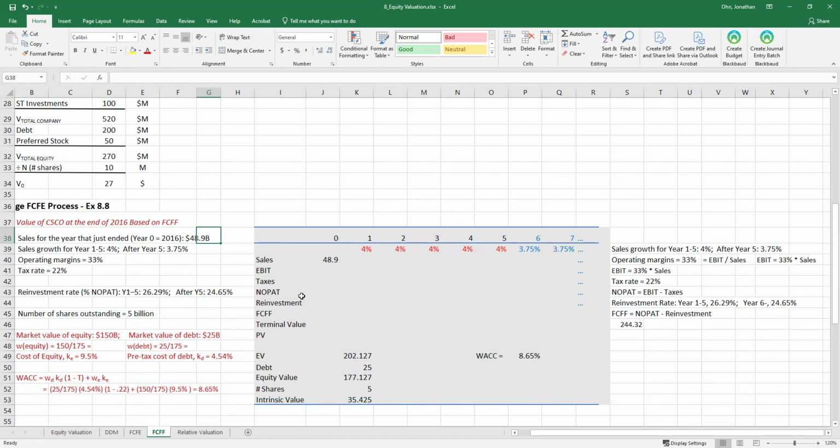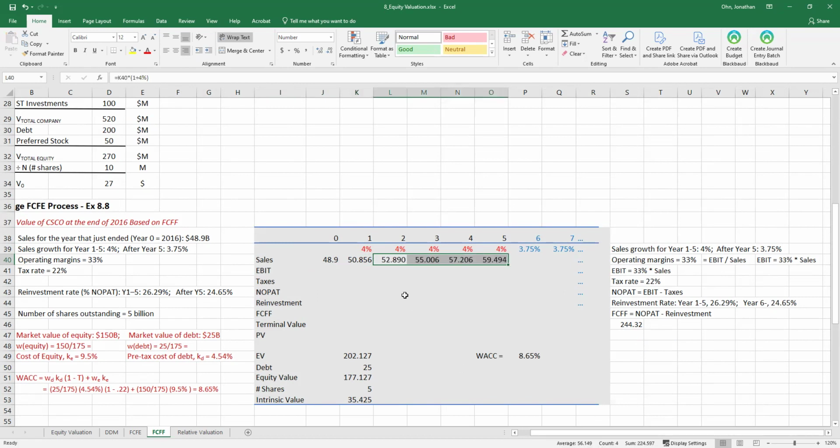So we start with this sales projection first. Let's calculate that here. Last year's sales times 1 plus 4% is our sales projection for the end of this year. And then for the five years, it's all 4%, so copy and paste there.